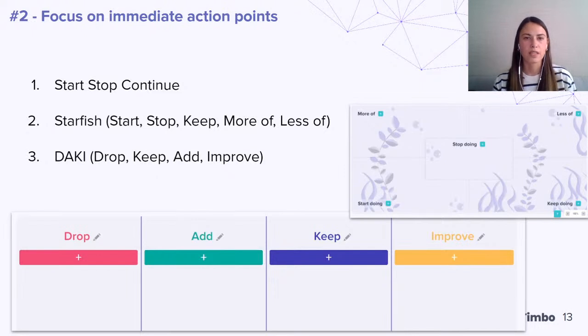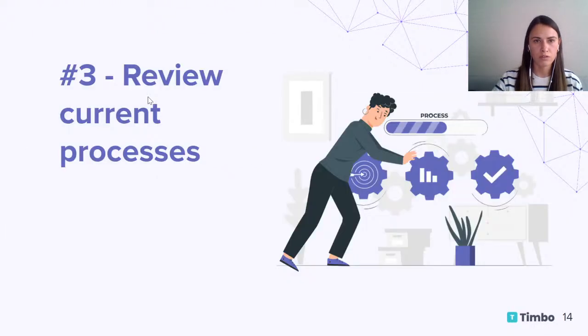Remember that the main goal of Retro is to come with the list of action points in order to improve your process. If your team is ready to give them, these techniques are great for that. And you can just mix them up to diversify it a little. Let's move on.